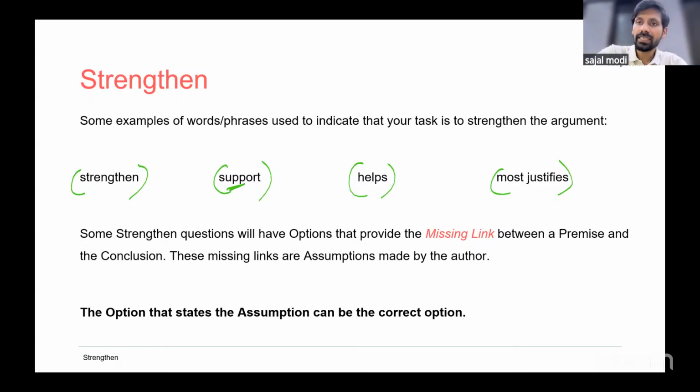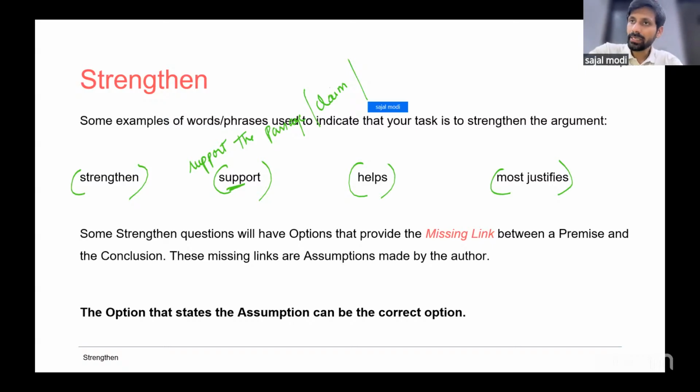So for example, it says support the passage or claim or argument, right? Then it is a strengthen question. The option supports the passage, supports the argument, supports the claim.